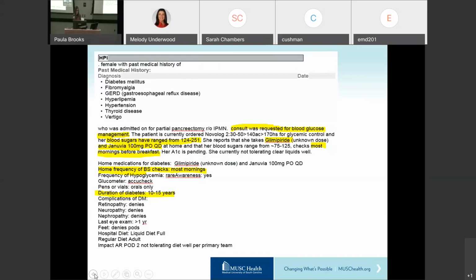We have duration because she's had diabetes for 10 to 15 years. We have timing because she checks her blood sugars most mornings. Her blood sugars have ranged from 124 to 251. So we have severity, modifying factors, timing, and duration. So we have 4 elements of HPI.